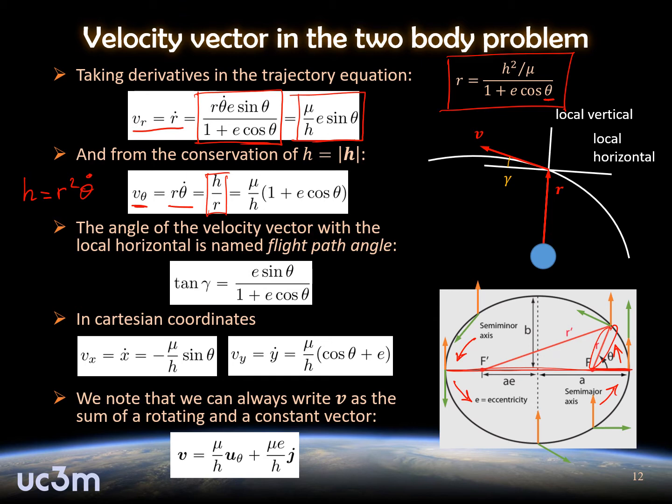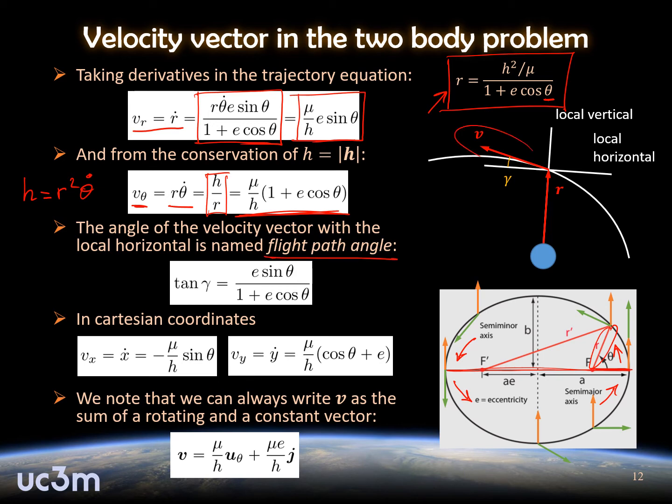The larger the radius, the smaller the azimuthal velocity. By expanding the value of r, again using the expression of the trajectory, you can write this velocity component in this form.